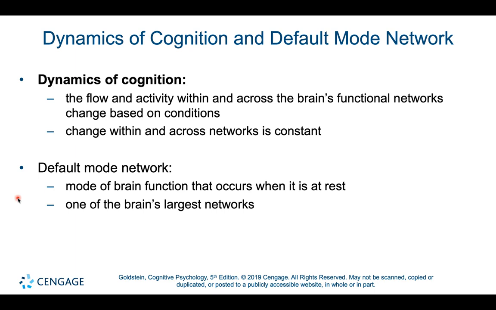Because the nature and the flow of information and the environment is going to change the nature and the flow of activity within your brain. Your past history of experiences and activity will partially change and determine your present and future functioning and activity.